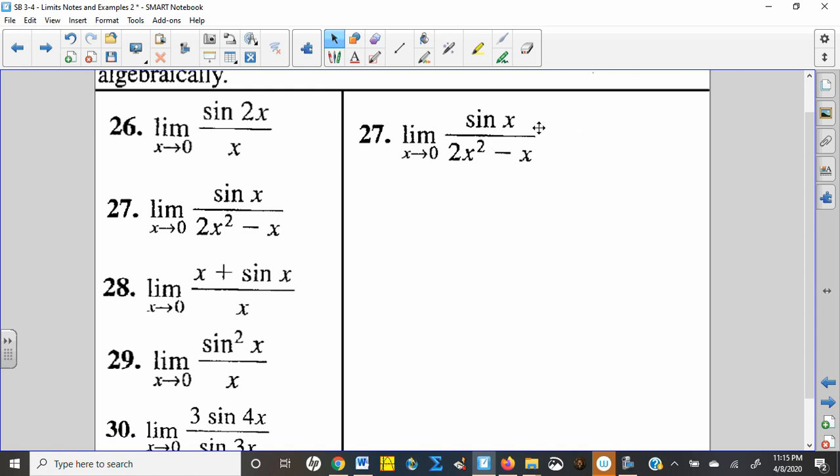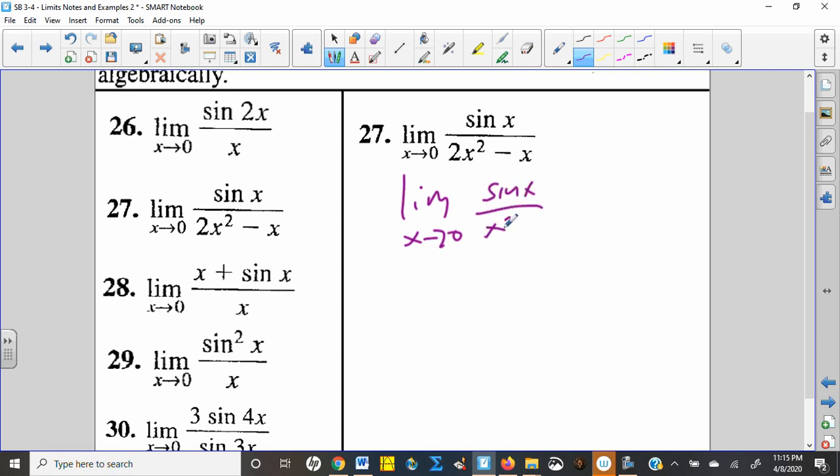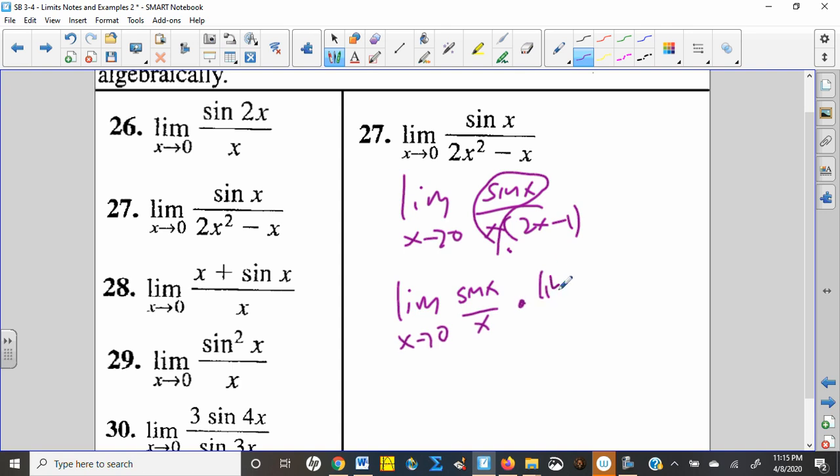It looks like I have an x in the denominator, and I'm going to go ahead and factor that out. And there's what I'm really looking for. It looks like it's going to be divided by the multiplication there, right? So the limit of sine x over x as x goes to 0 multiplied by the limit.